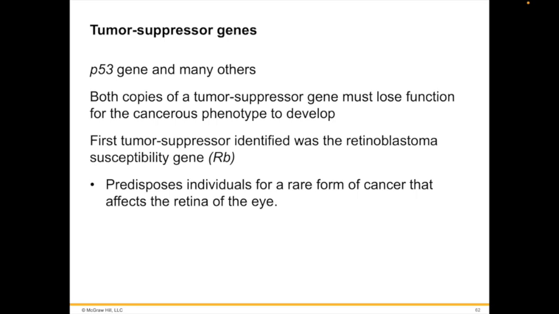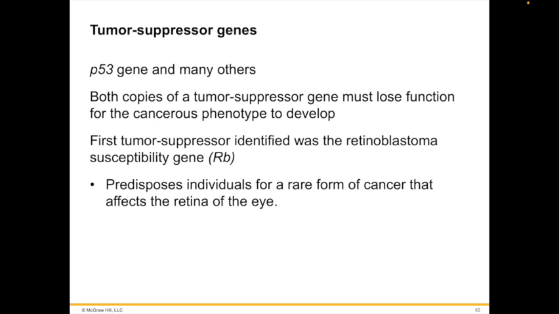The gene mutated most frequently in human tumors is the tumor suppressor gene TP53, which encodes the p53 protein. This gene has been called the guardian of the genome because it is involved in the G1/S checkpoint, where damaged DNA causes p53 to pause the cell cycle to give the cell time to repair the damage.